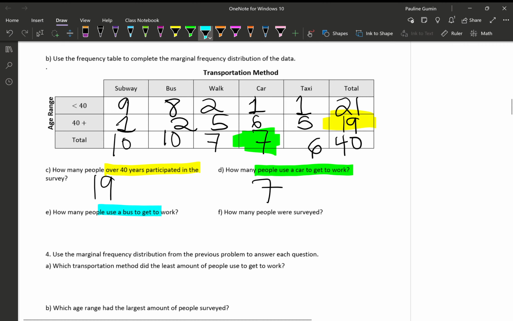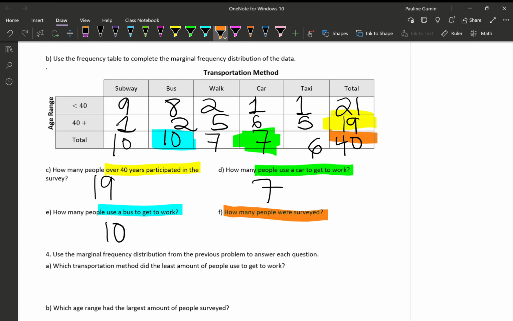How many people use a bus to get to work? Okay, let's find the bus column and its total. 10. Next, we have how many people were surveyed. So that's asking us for the total number, and that's right here, 40 people.